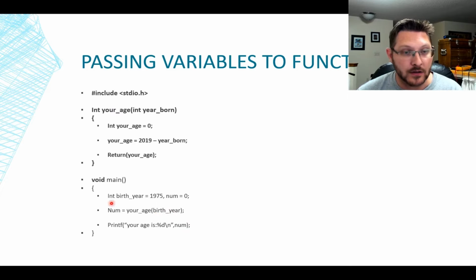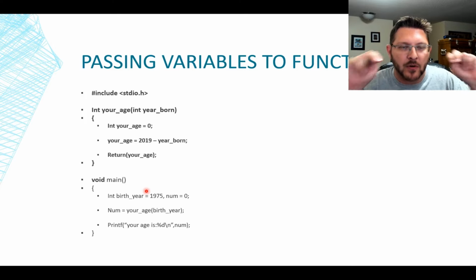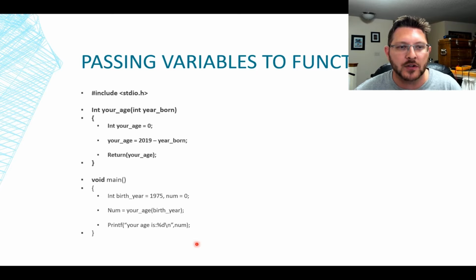Now you could use this as a variable, or you could just type the number in if you wanted to. I went ahead and set the year to a variable, because it's a good habit to get into, not doing what we call magic numbers, where you just have these hard-set numbers all throughout your code, because it makes it very difficult if you ever have to come back and change those numbers.